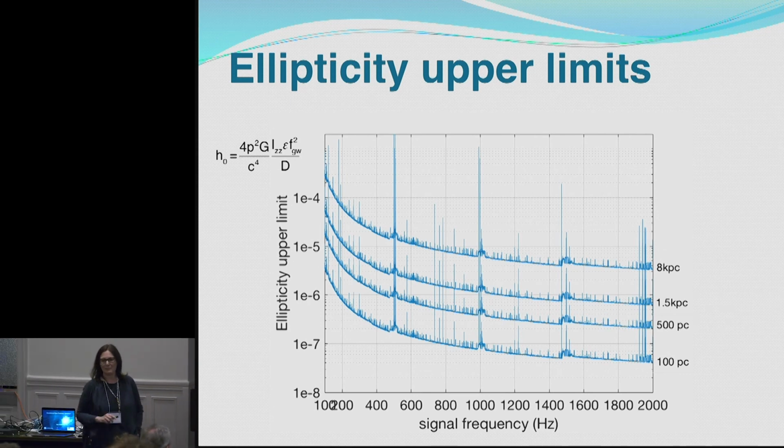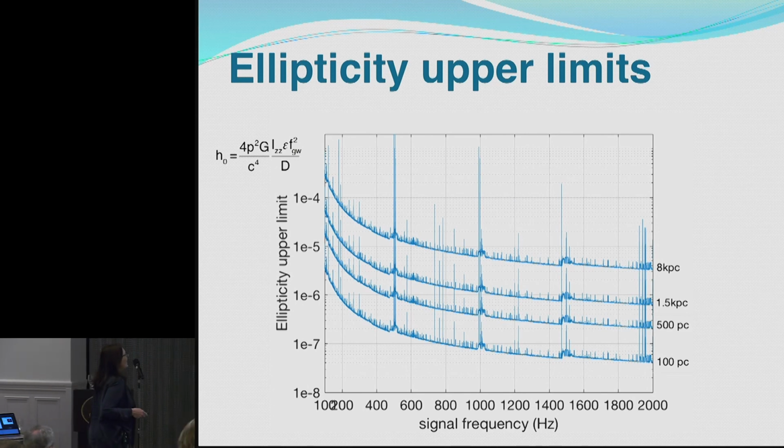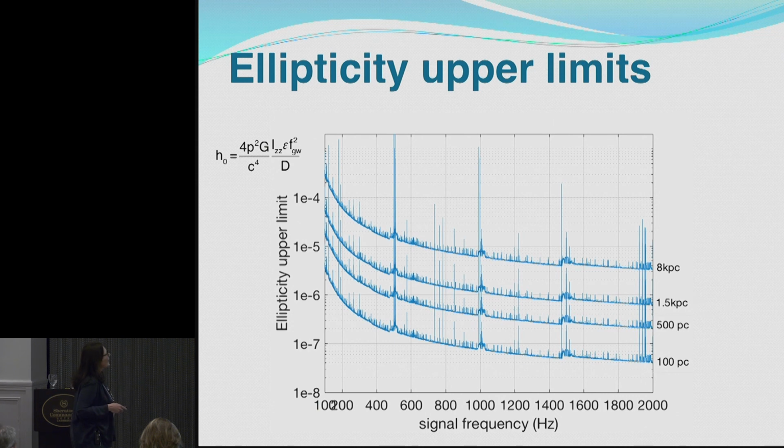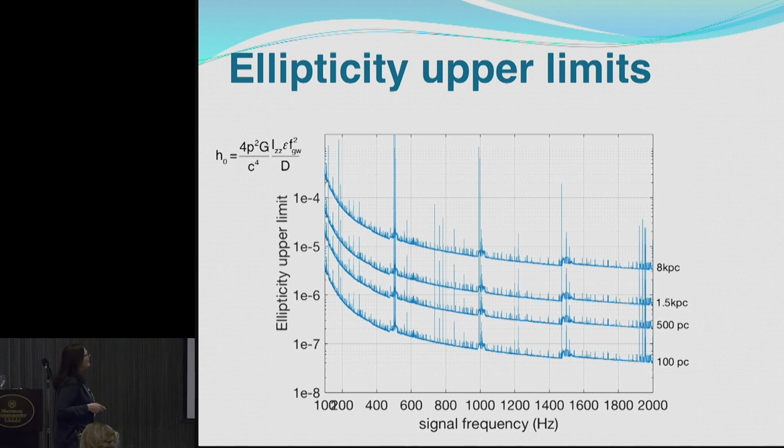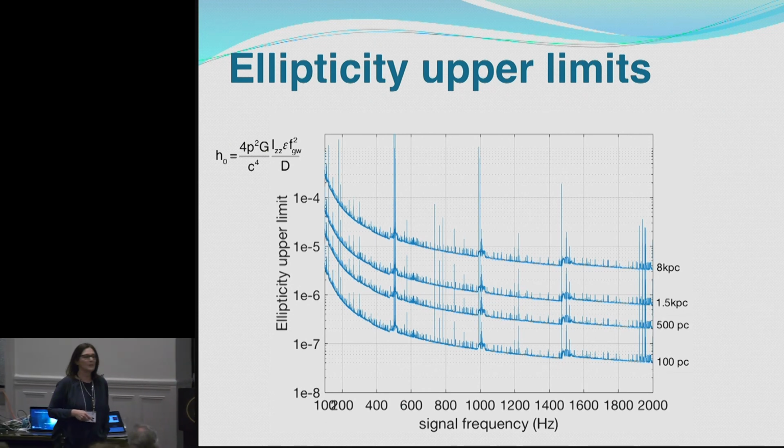We are not going to be seeing anything that's outside of the galaxy. And let's take 100 parsecs. Well, at 2 kilohertz, we're probing ellipticities around a few 10 to the minus 8. These are actually interesting upper limits.